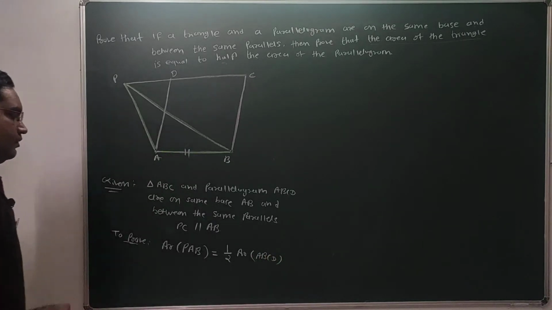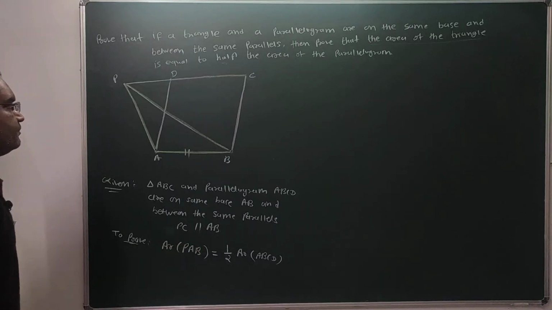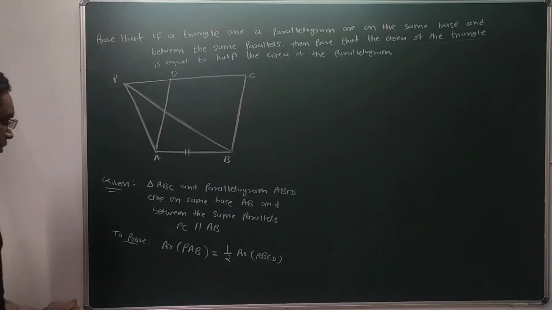This we have to prove. The area of the triangle PAB is half of the area of parallelogram ABCD. Clear? So now, construction.